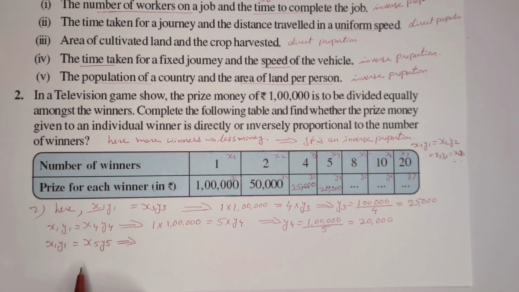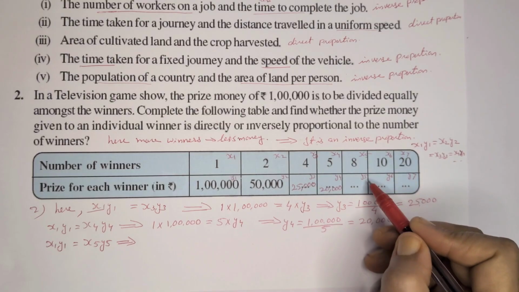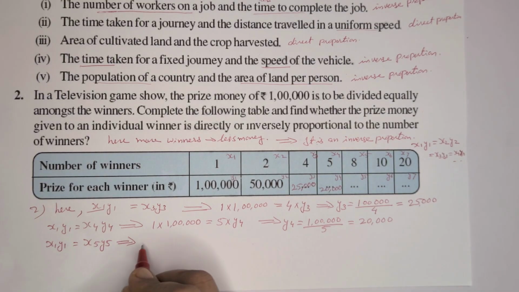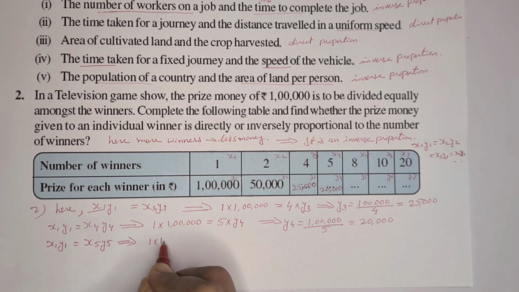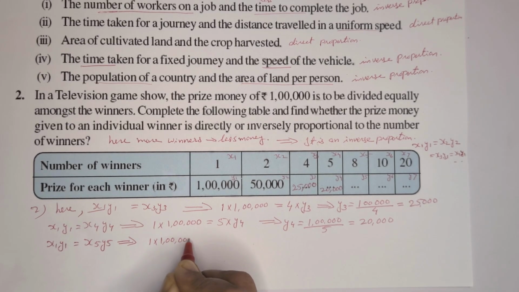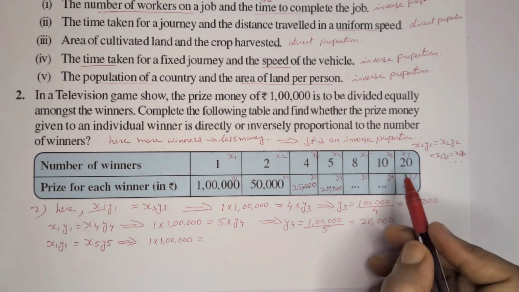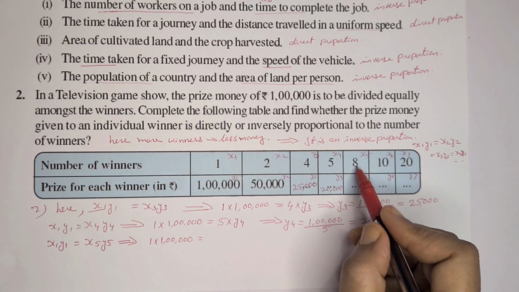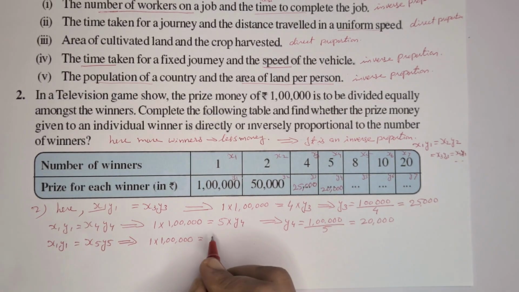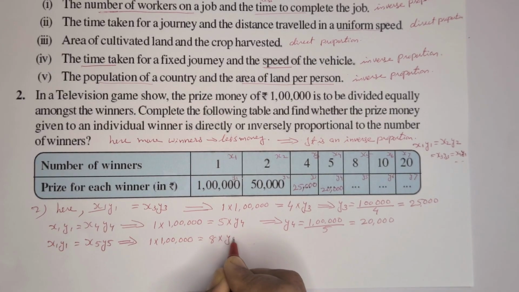Similarly, next one, x1 y1 is equal to x5 y5. x1 y1 means 1 into 1 lakh, which is equal to x5, which is 8, 8 into y5.